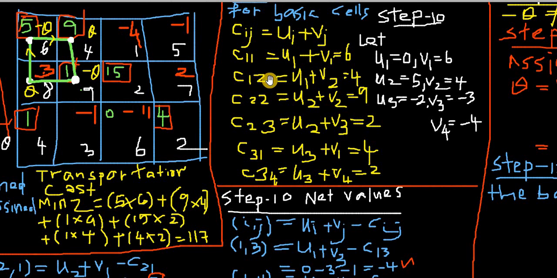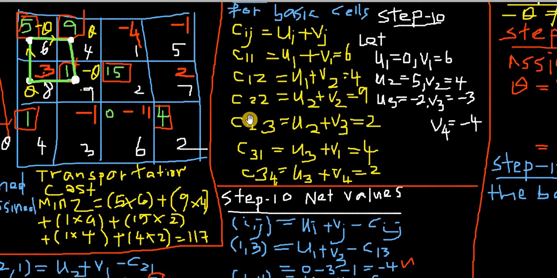C12 is another basic cell, which equals U1 plus V2 equals 4. See here the cost is 4. And then C22 is the next fixed cost cell. C22 is equal to U2 plus V2, that equals 9. That is the transportation cost.